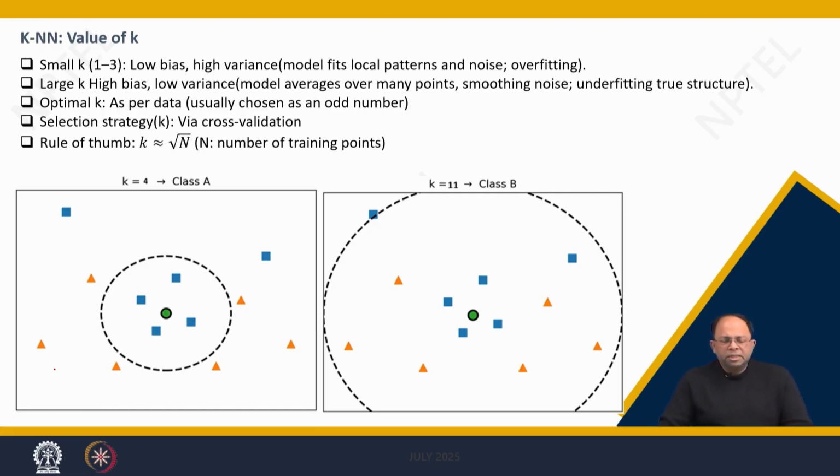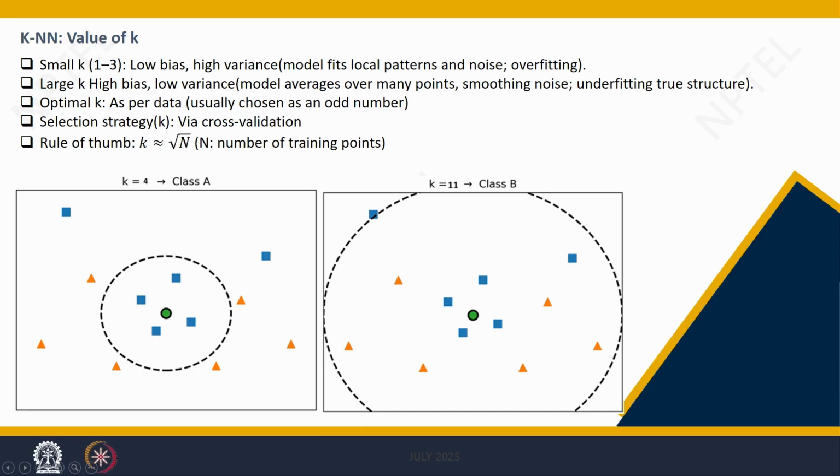Now in the next image, we are just simply changing the value of k to 11. So in this case, we are going for a large k value. We see that there are around 5 blue rectangles, and then there are 6 saffron triangles. So in that case, of course, the classification would be class B. So that is one thing we need to understand: the k value determines quite a lot.